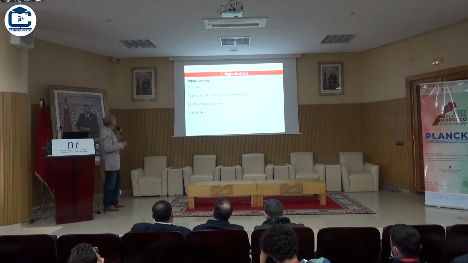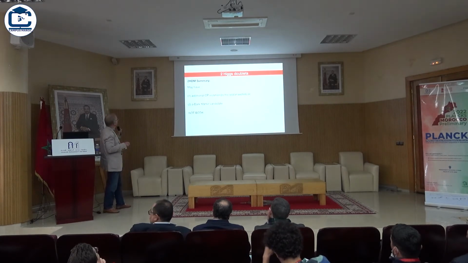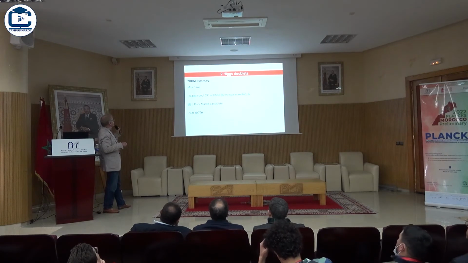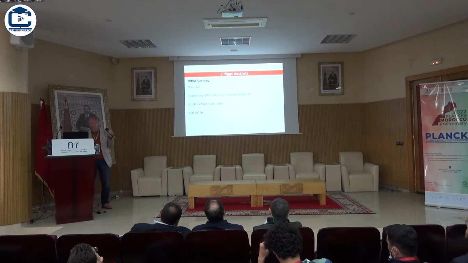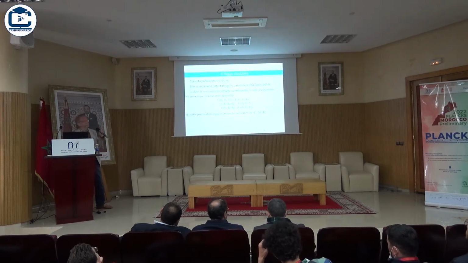So in summary, in the two Higgs doublet model, which is actually very much worked on and studied, we can have additional CP violation in the scalar sector, or we can have a dark matter candidate, but not both. And both of these are required by experiments.